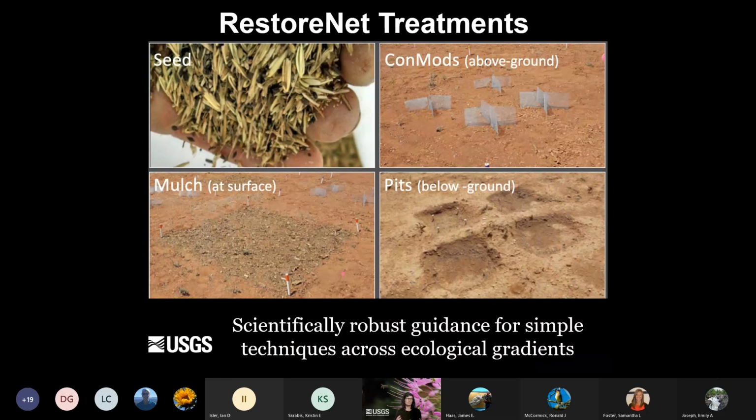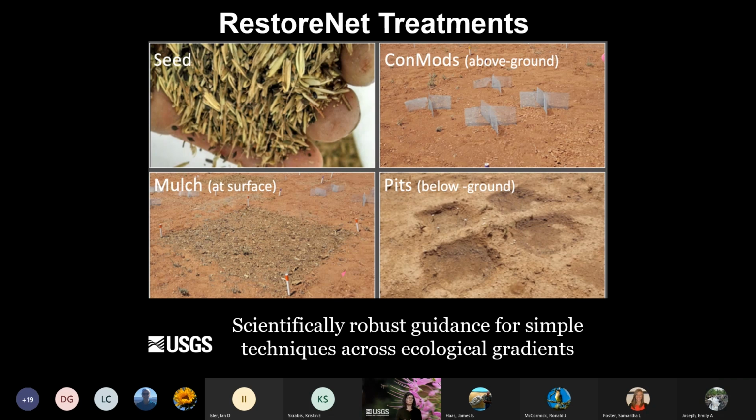And we're testing really simple things that people have done in this geography since time immemorial. These pits are actually traditional ecological knowledge. And when I was a restoration practitioner, I would do some of these things, but maybe not in a scientifically robust way. And then I may not have the resources to go back and look and see what actually happened. And then sometimes when I did learn something, I didn't necessarily tell my colleagues.